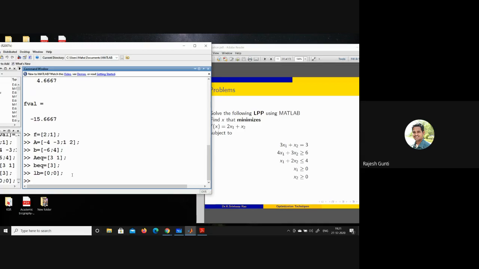X is equal to, comma, f value is equal to the solver. Capital A is there, B is there, Aeq is there, Beq is there, comma, lower bounds are there.